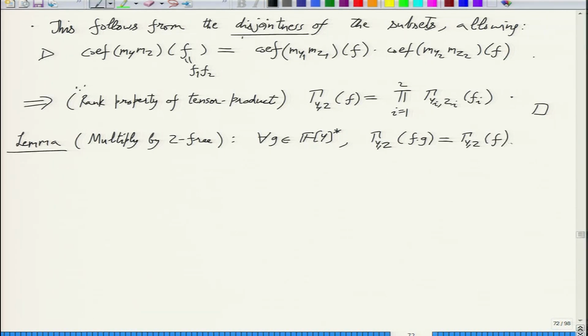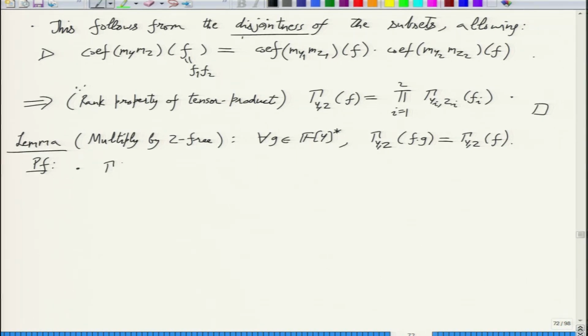Exactly. So the measure doesn't change if you multiply by a z-free g, or you multiply by a y-free g, symmetrically. Yeah, it's again simple, but we have to still be careful about this.